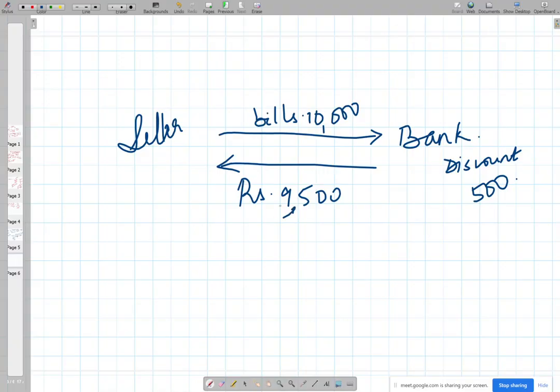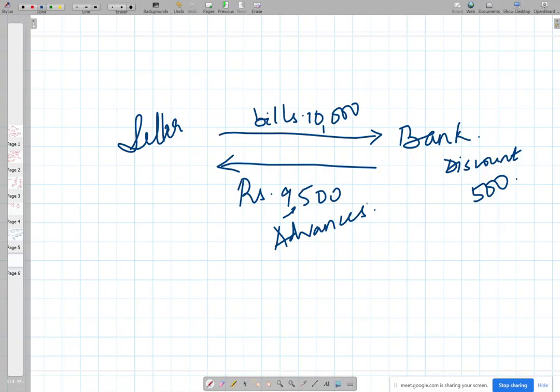Now always remember that this 9,500 is like a loan, an advance given by the bank to this seller, because the seller should have waited till the maturity of his bill in order to get that money, isn't it? But since he wants the money urgently, the bank is giving it to him as if it's a loan.